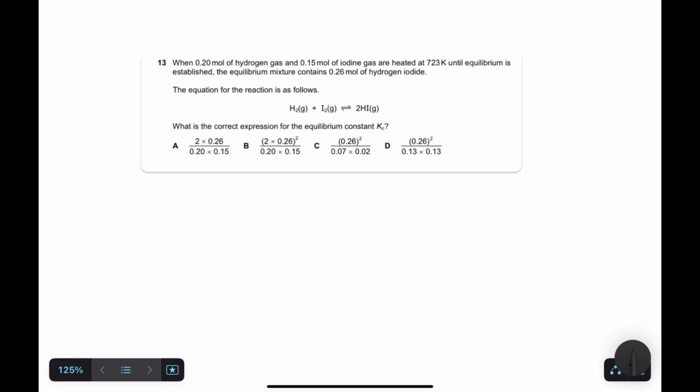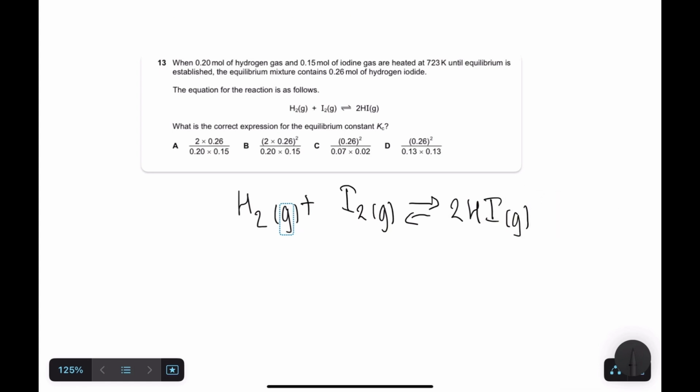Question 13. When 0.2 moles of hydrogen gas and 0.15 moles of iodine gas are heated at 723 Kelvin until equilibrium is established, the equilibrium mixture contains 0.26 moles of hydrogen iodide. So we should write the equation for this reaction and form a table with initial, reaction, and end of reaction.